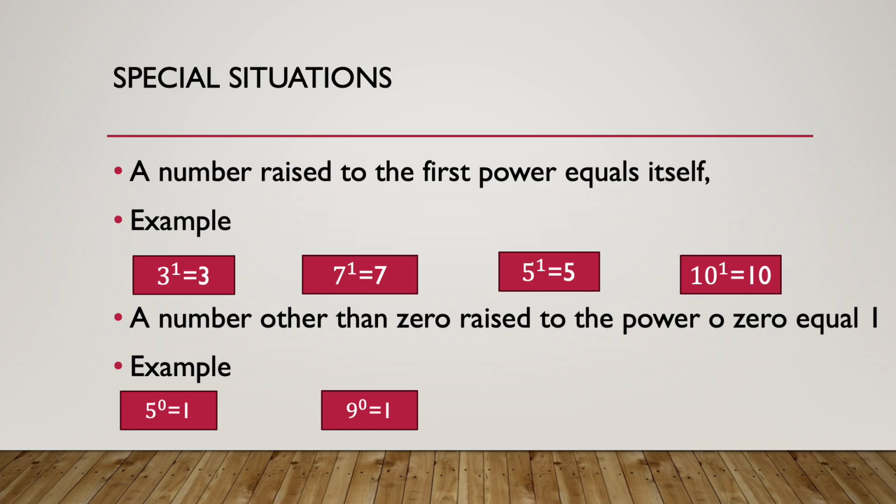A zero power is going to be equal to 1. 10 raised to the 0 power, what is the answer? 1. 1 raised to the 0 power equals 1. This is easy. So I'm going to say again, the number raised to the first power equals itself, and the number other than 0 raised to the 0 power is equal to 1.